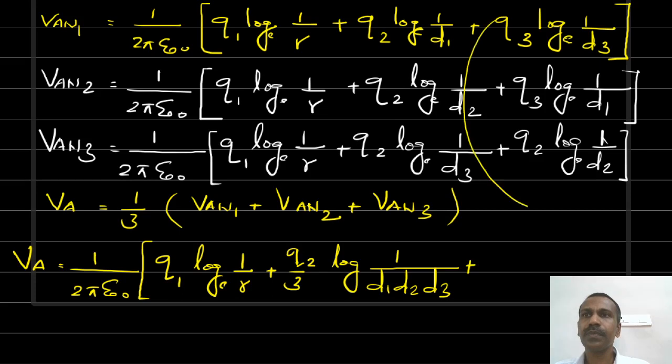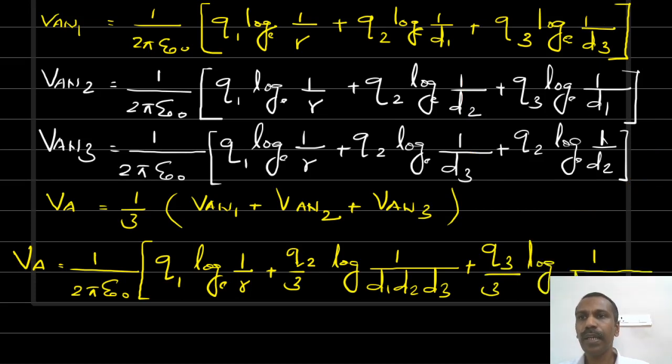Plus, we look at these three terms, it is Q3 into log 1 by D1 plus log 1 by D2 plus log 1 by D3. So this can be written as Q3 by 3 into log 1 by D1, D2, D3. All logarithmic terms are with base e.